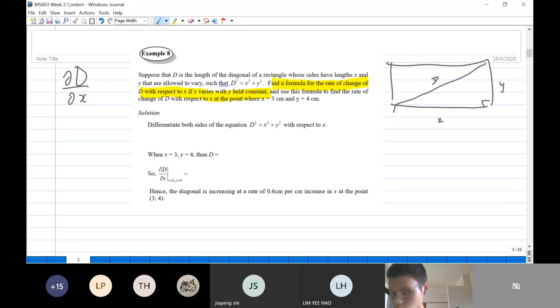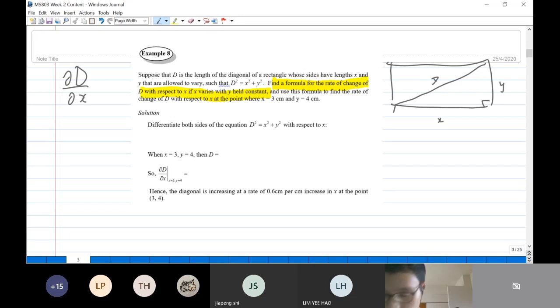If y changes, then you can find the rate of change of d with respect to y. But always keep the other constant. If you find the rate of change with respect to x, you always keep y constant. This is what I mean by the rate of change of d with respect to x, while y is held constant.